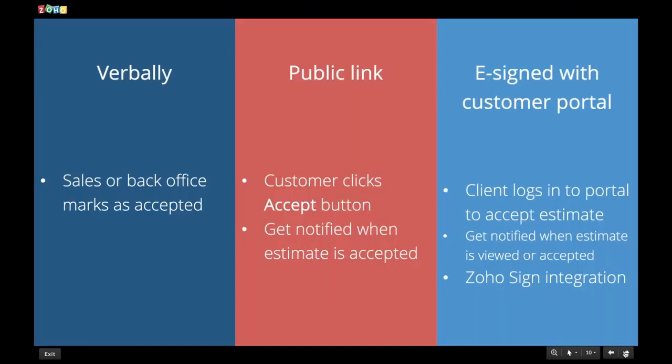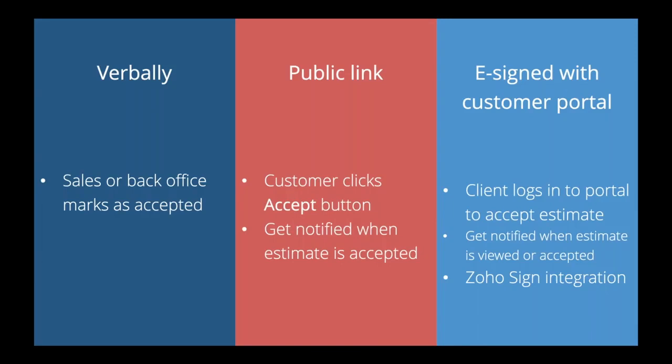So at most companies, it seems the way things are going on, usually it's the sales rep who's dealing with the estimate, and then it's the accountant who is touching the invoice. But we'll talk about that more when I demo this later on. So the other thing I mean by more than one way to send an estimate is that there's a few different ways to have your customers view and accept those estimates.